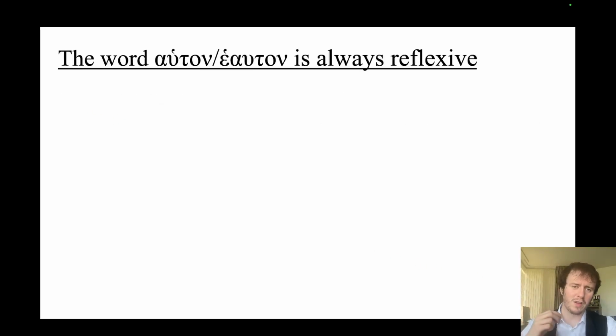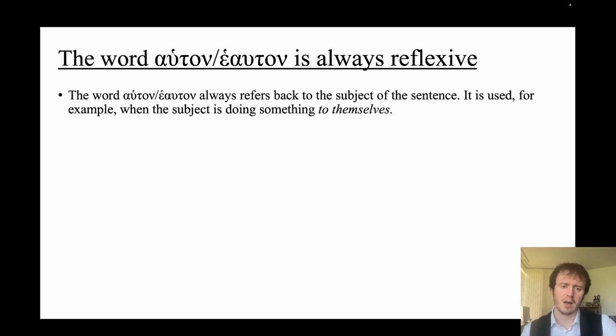Now, just to explain a bit more with regard to what I was saying concerning the meaning of ἑαυτον, I've put here the word ἑαυτον is always reflexive. That is to say, the word ἑαυτον always refers back to the subject of the sentence. It's used, for example, when the subject is doing something to themselves.